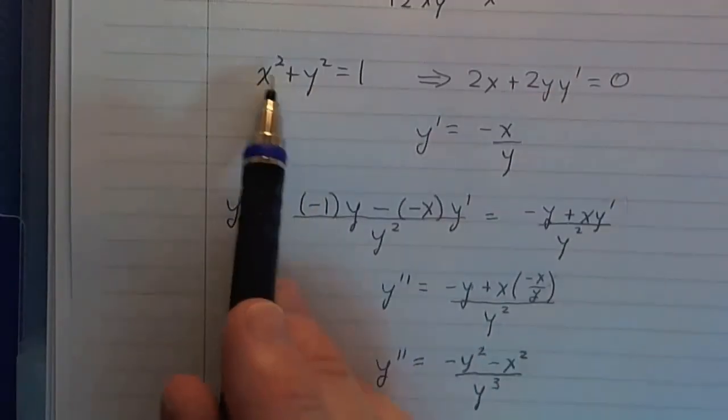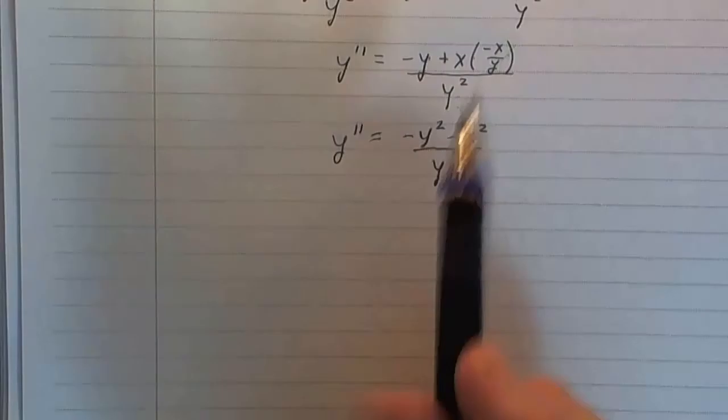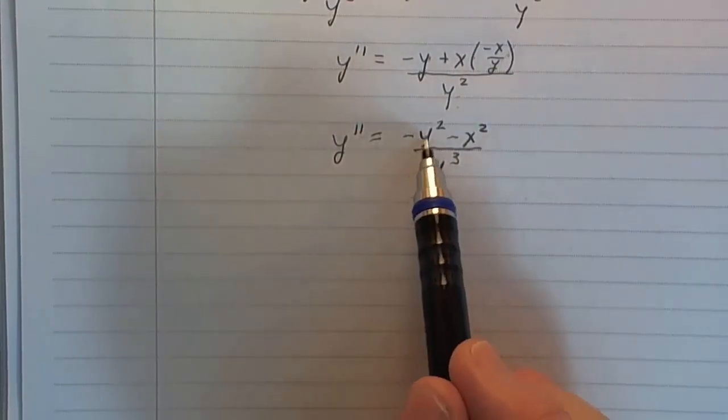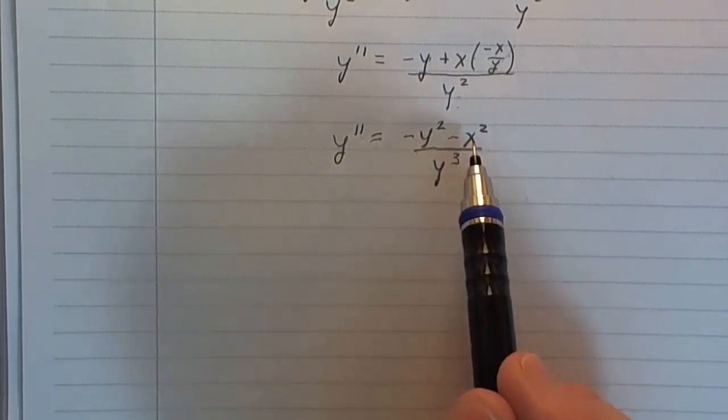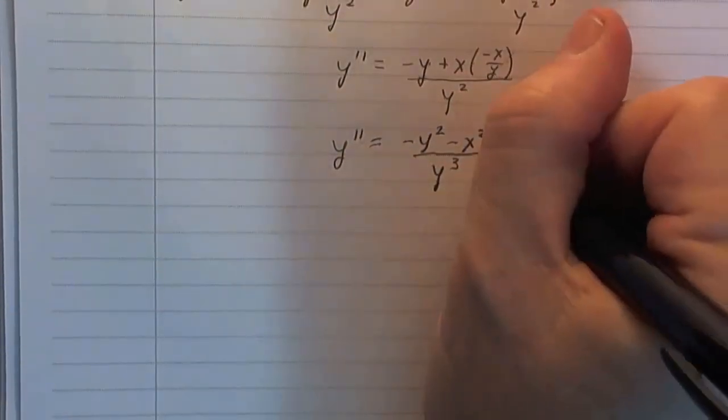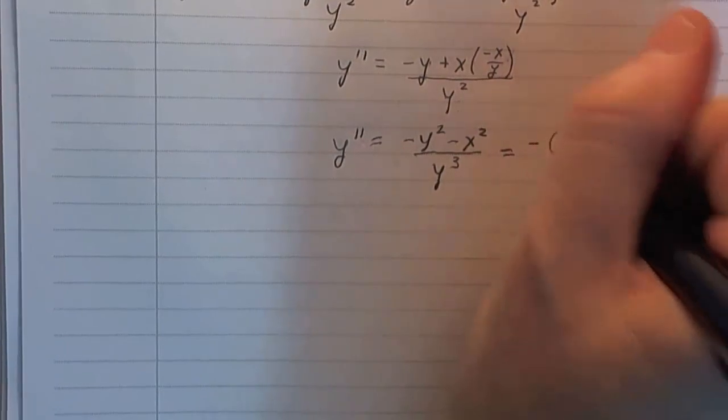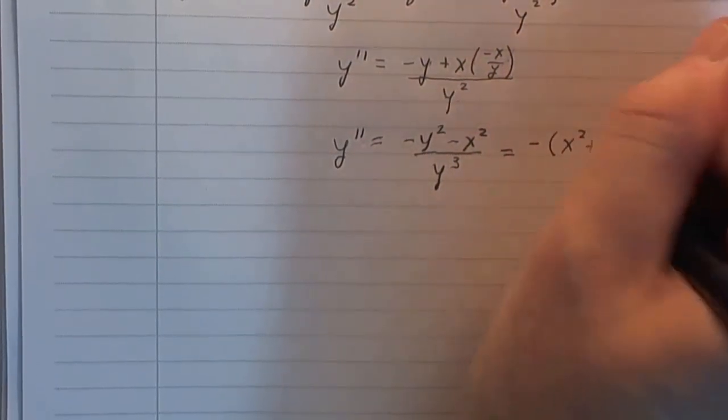Now, we might want to notice something slick here. Notice that the original problem was x squared plus y squared equals 1. And look what we've got here. We've got negative y squared minus x squared. Well, what if I factor out the negative? This would be x squared plus y squared.